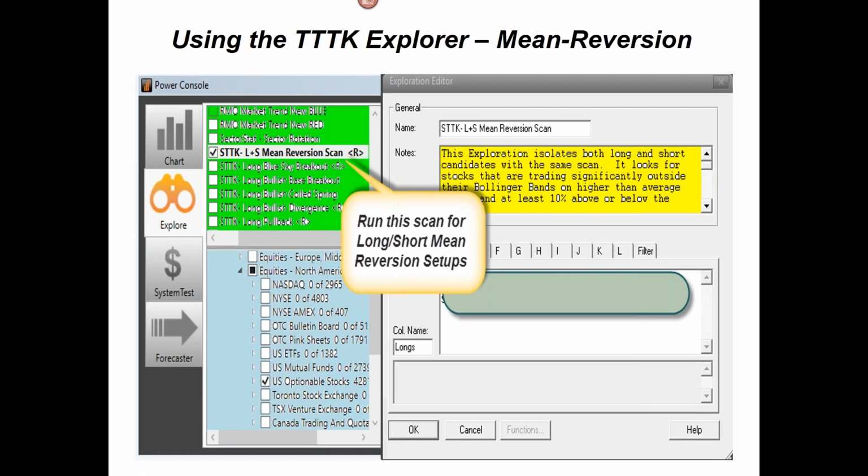Are you going to trade stocks? Are you going to trade futures? Are you going to trade forex or commodities or whatever? You would limit the universe of securities that you're going to apply this scan to. I usually apply my system scans to this universe of stocks right here, all optionable stocks.